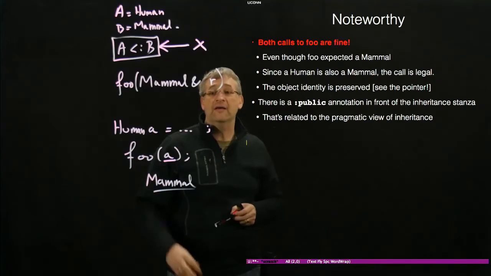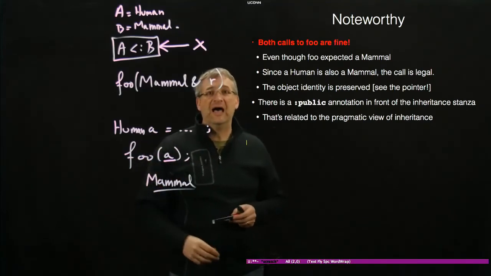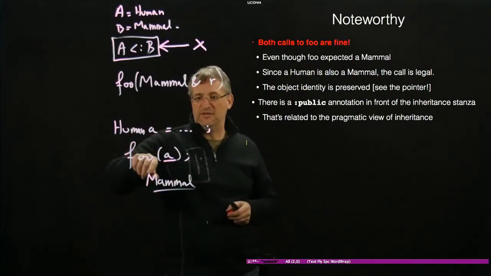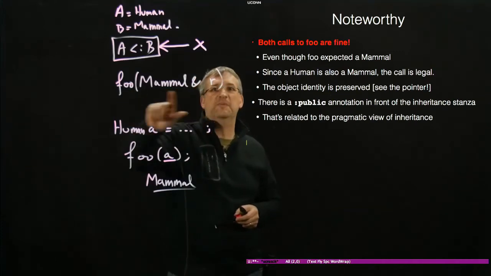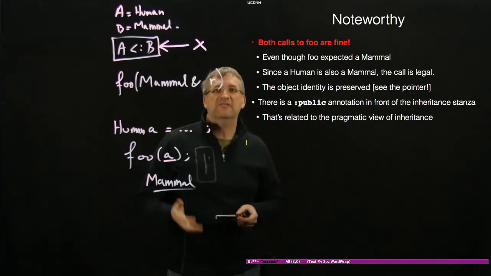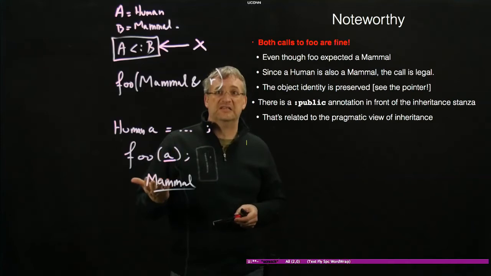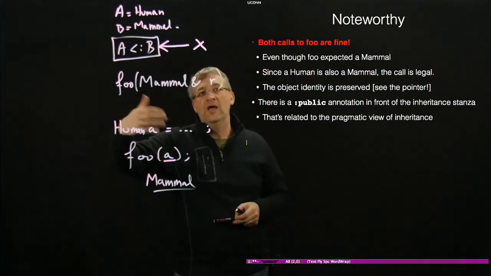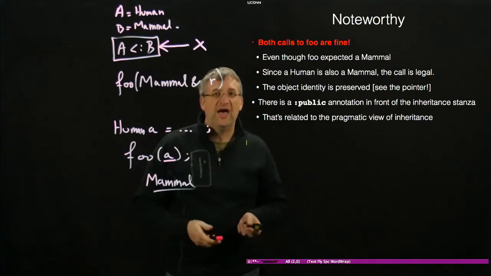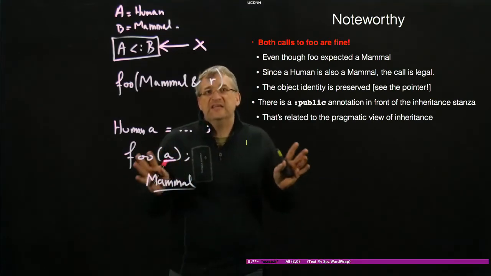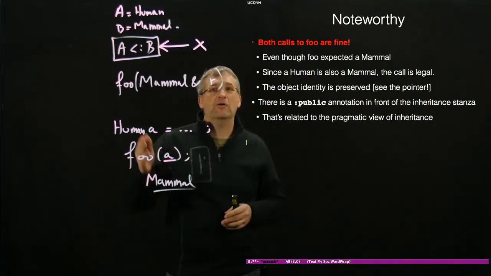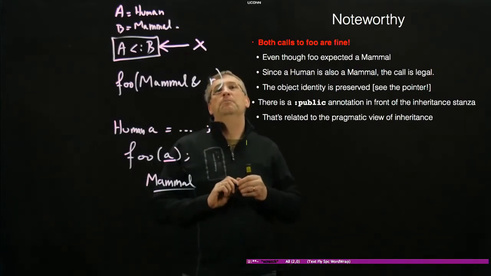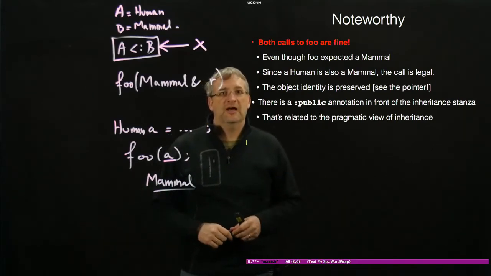But inside, when I print the address of the object, because it's passed by reference, right? Remember, that's what I have here. It's passed by reference. Because of that, when I see the address, it's exactly the address I would expect. It's exactly the same printed outside foo and inside of foo. Nothing nasty happened. The address didn't change because of the subsumption. Subsumption preserves the pointers, and that's really nice.